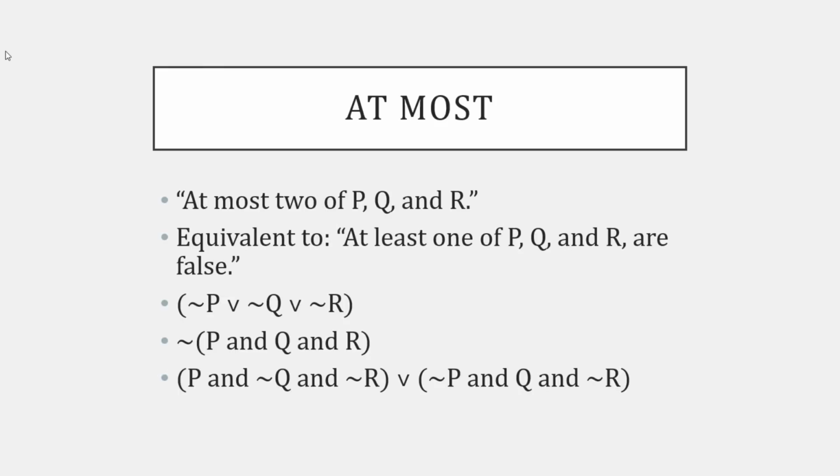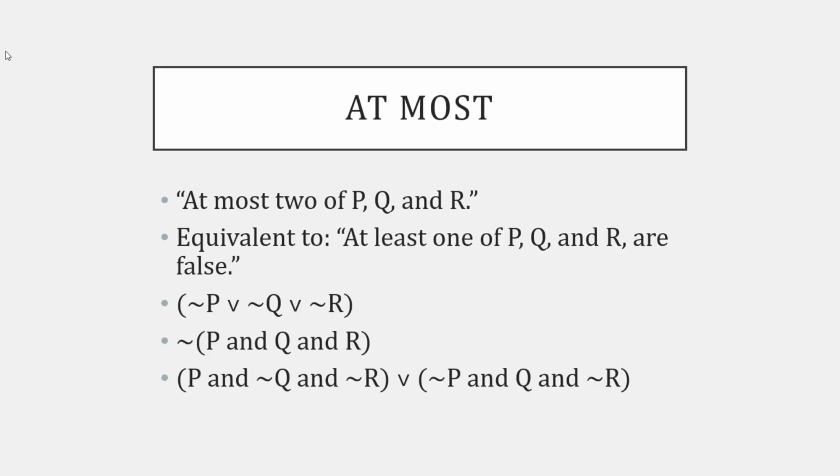What if none of them are true? If I say at most two of them are true, that's compatible with all of them being false. So the thing on the bottom line doesn't work because it doesn't include the possibility of all of them being false. So don't do that.